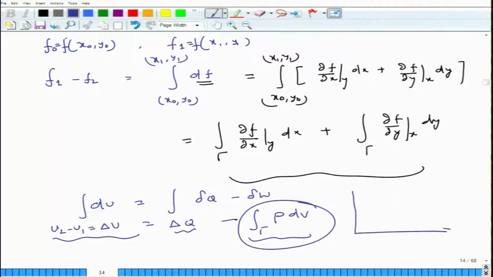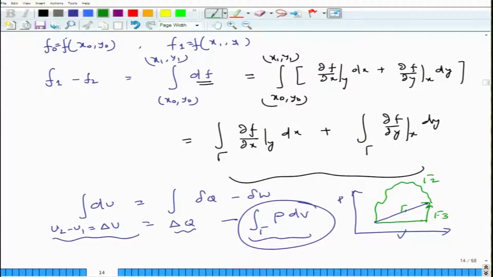So, one can see that this particular work will depend on the path you are going to consider. For example, you can have this P-V diagram, where the initial state is here and the final state is here. So, this could be one particular path, let us say gamma 1, and there could be other paths, gamma 2 and gamma 3.